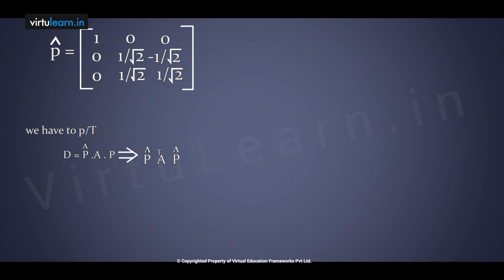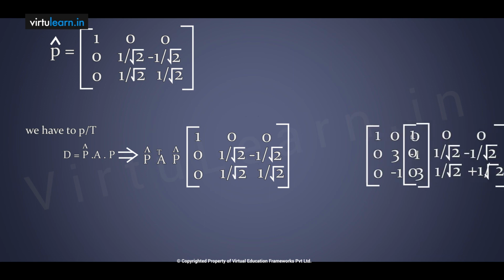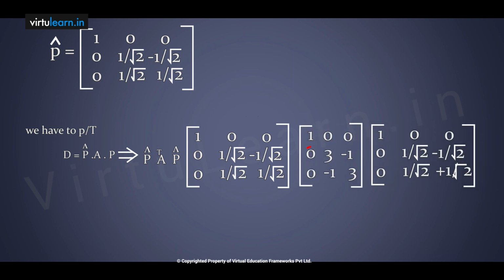P cap transpose means you write row elements as column elements: first row as first column, interchanging the rows and columns of the first matrix. Next the A matrix: 1, 0, 0; 0, 3, minus 1; 0, minus 1, 3; and P cap.